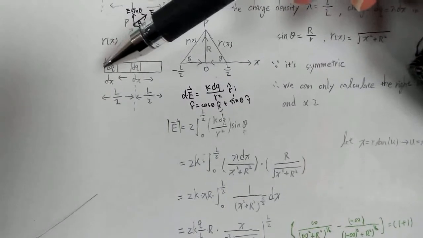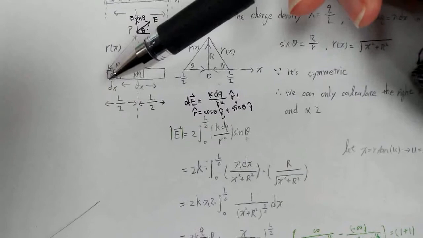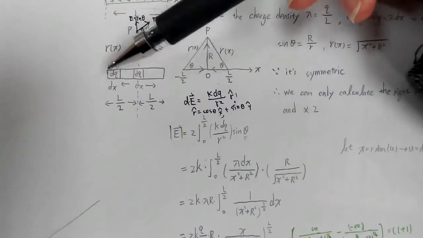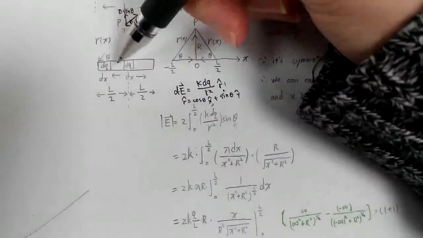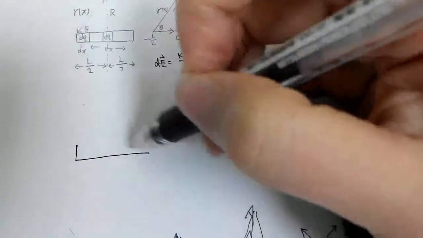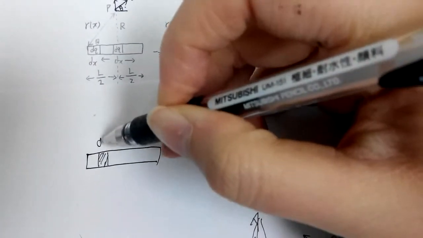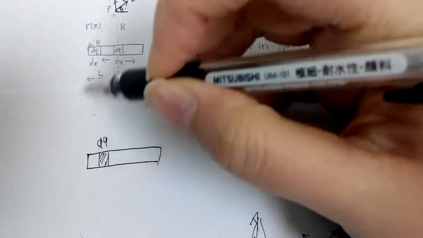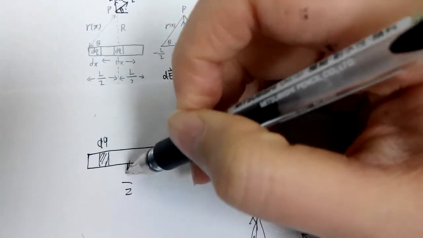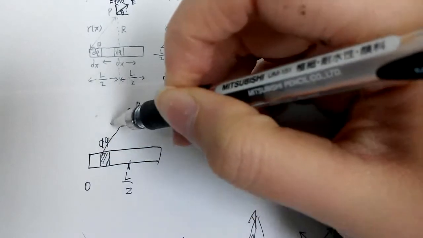So when we integrate from here to here, the variable is x, right? So x is a variable. For example, when we are here, don't try to mess up. When we are here, not in the middle, when we integrate from this point to here, in the middle here is L over 2, here is 0, here is point B, and this is R, right?